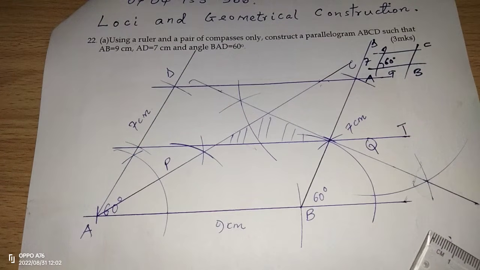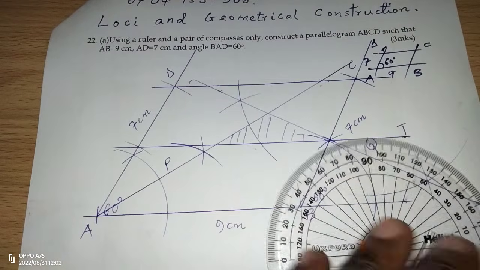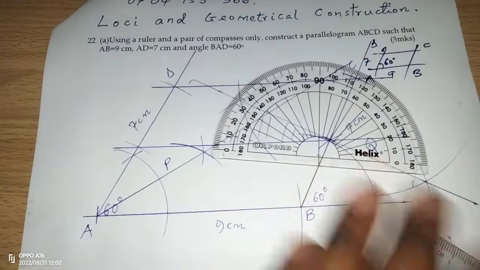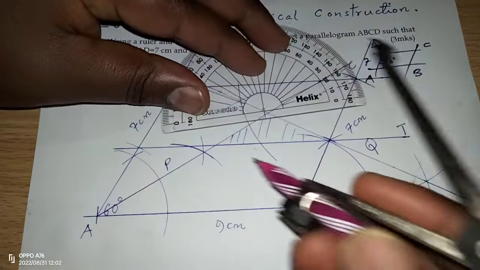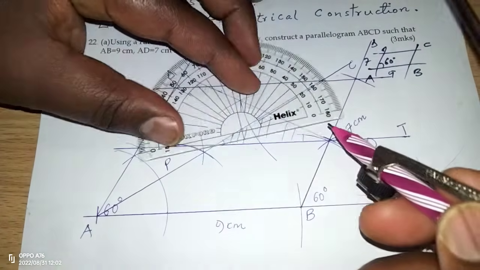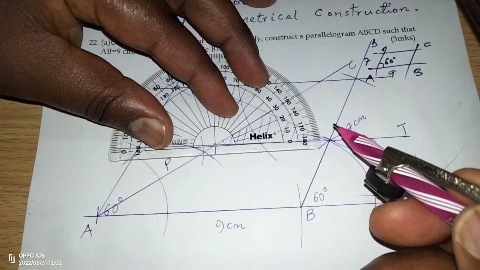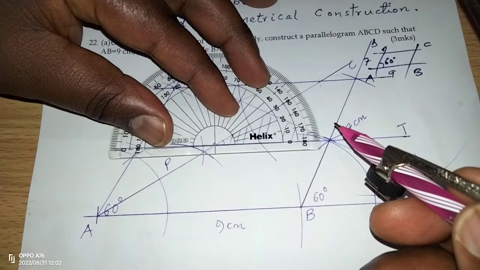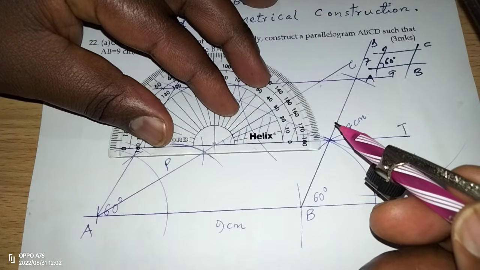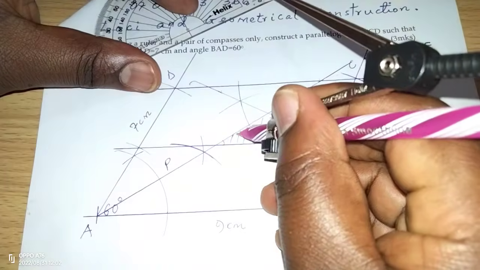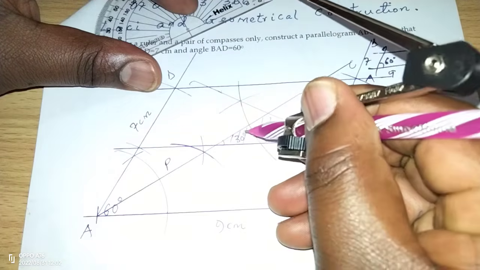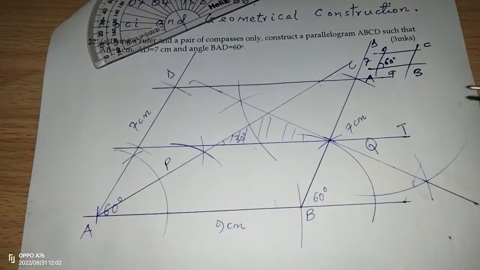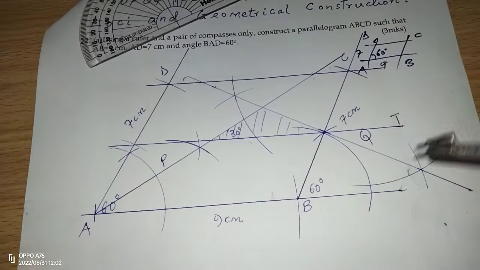By first of all, we can choose to get one of the angles, and I will get the angle at this point. So when I try to measure this angle, I realize it is 30 degrees. So if we have 30 degrees, then I can measure two of the lines which are making up the angle.